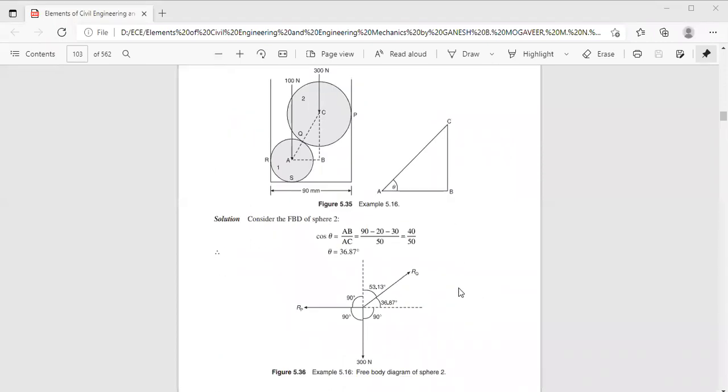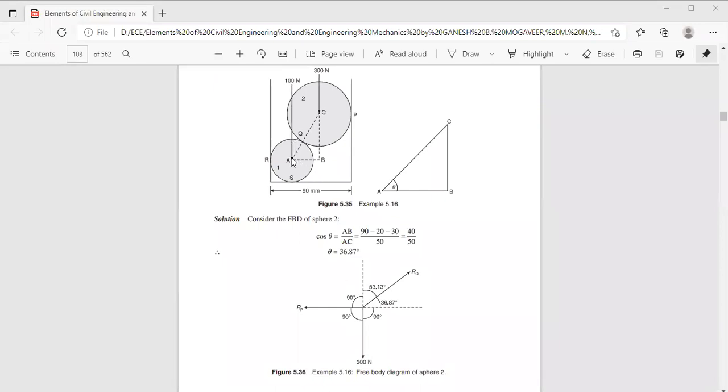Now this is the free body diagram of sphere 2. RP is acting like this, and the weight of the sphere, 300 Newton, acts vertically downwards.